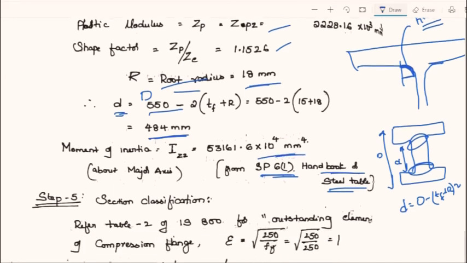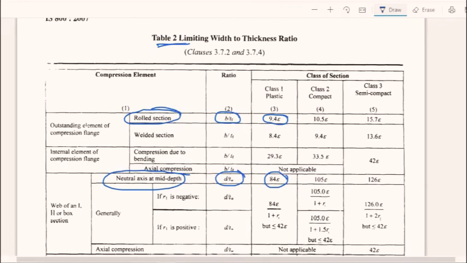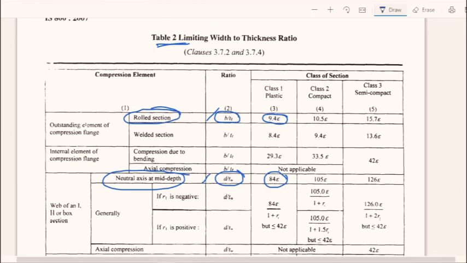So in this step 5 you need to classify the section. You need to refer to Table 2 of IS 800. You need to check two conditions, right? From Table 2, these are the two conditions I have to check: that is b by tf and d by tw, and it has to be less than 9.4 epsilon and 84 epsilon.